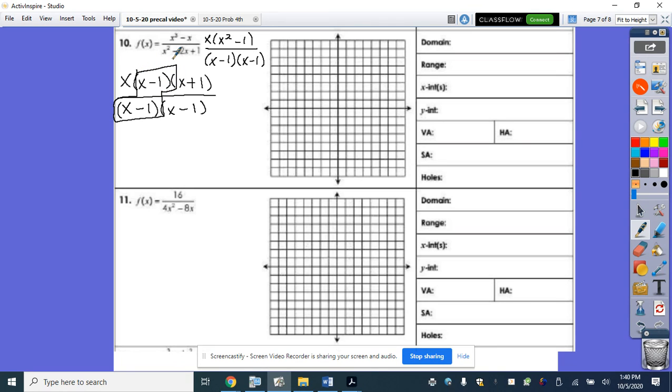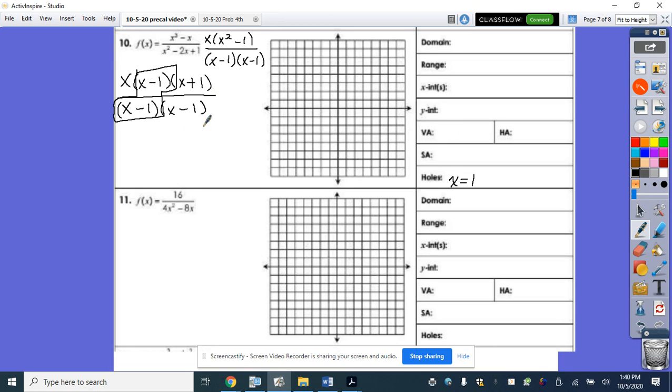Okay, so we did this one because we said that this would be a hole, and this would be x equals 1. Okay, but notice what happens when you do your vertical asymptote on this.